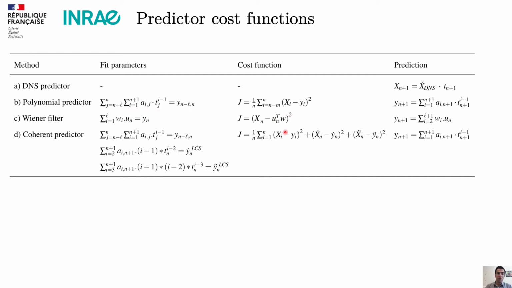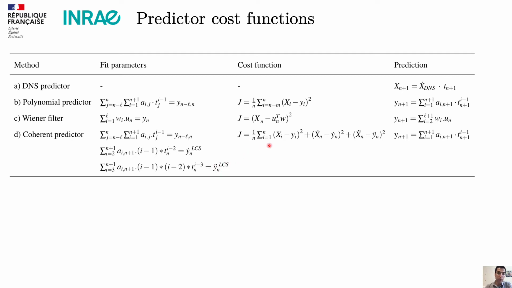Wiener filter: you find your filter parameters for the history, and then shift it by one time step to predict the next step. But what we have here as a coherent predictor has 3 terms: history, the velocity of coherent neighbors, and the acceleration of coherent neighbors.